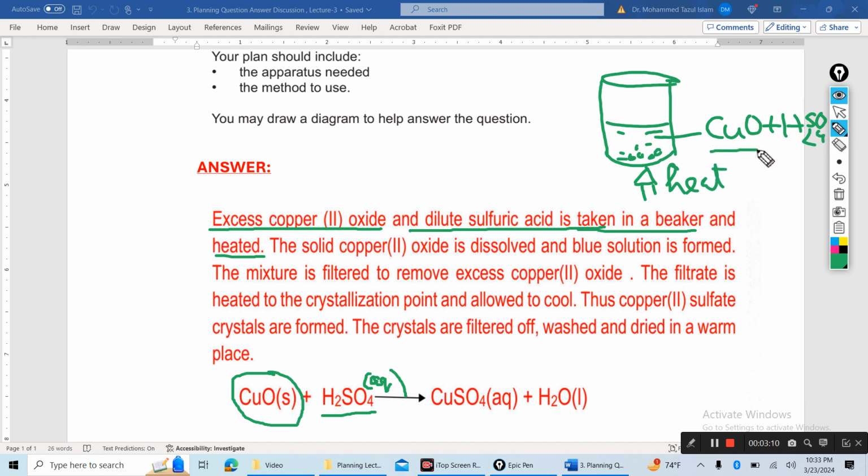Excess copper(II) oxide and sulfuric acid is taken in a beaker and heated. The solid copper(II) oxide is dissolved and blue solution is produced. After giving heat, you will see solid copper(II) oxide dissolve and blue solution will be formed.